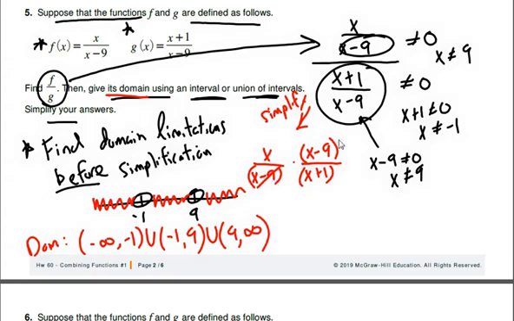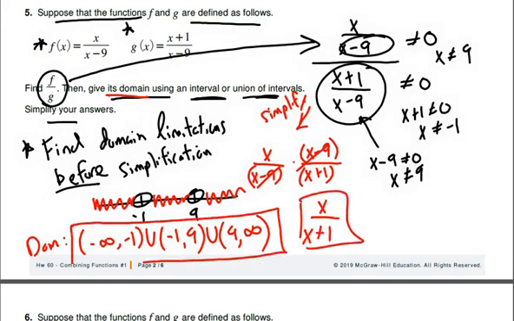Those two are multiplied, separate terms in the numerator and in the denominator, so I can cancel those out. And I end up with a nice fraction here, x over x plus 1. So that's the answer for f over g, and right here we have the domain set there. All right.